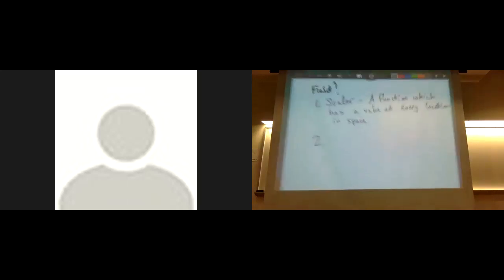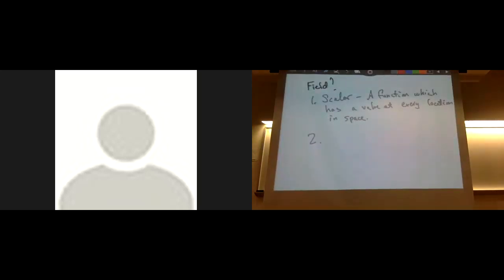The second type of field is what's known as a vector field. A vector field is a function which has a value and a direction at every location in space.